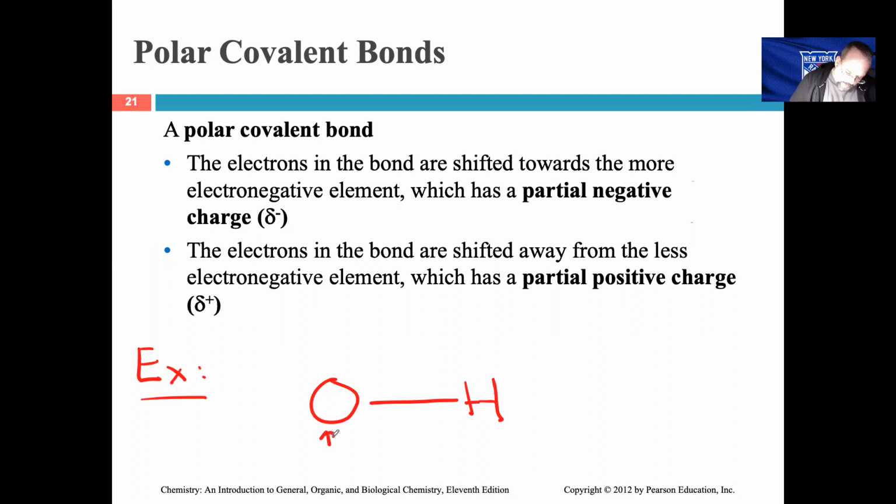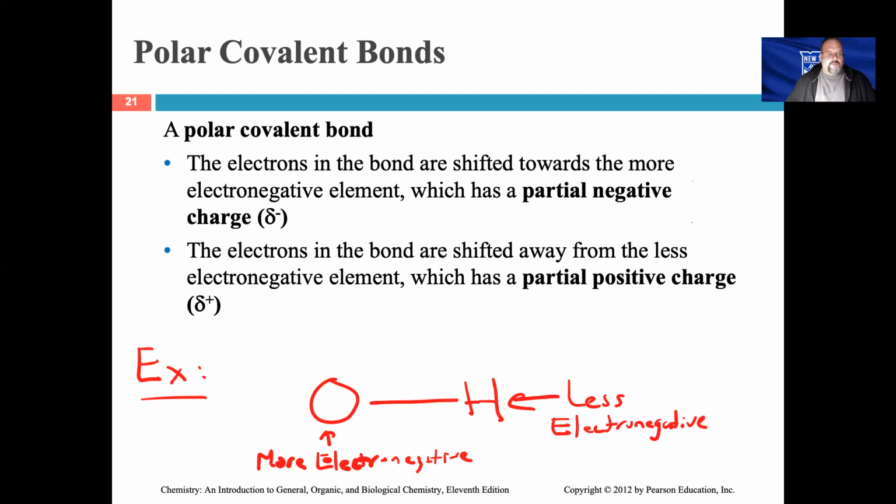In O–H, oxygen is the more electronegative element. Hydrogen is the less electronegative element. And again, you would know that just by looking at the electronegativity values for these substances.